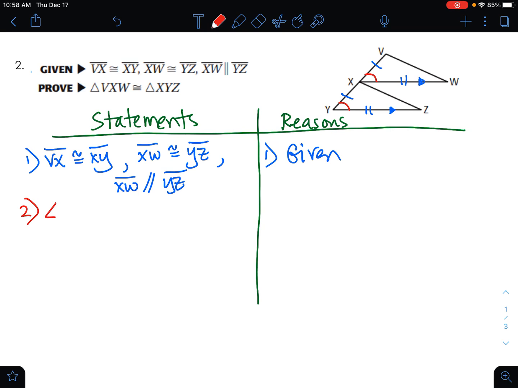All right, the top angle, we can't just call it angle X because which angle X are you talking about? So let's name it VXW. So VXW is congruent to angle XYZ, and that's our corresponding angles postulate.